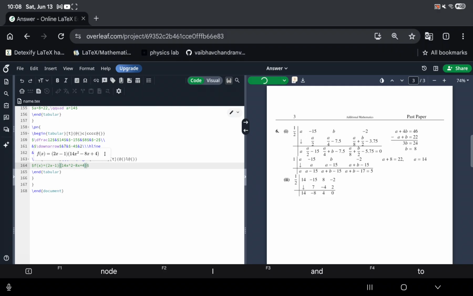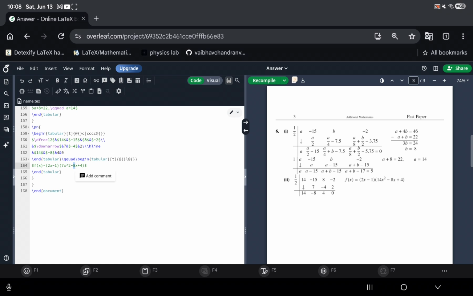Nice. This can be further simplified, but then we won't get the correct value. No, this can be further simplified. Yes. This would be 7, this would be 4, and this would be 2. Nice. Now we get it. Now we got the value.